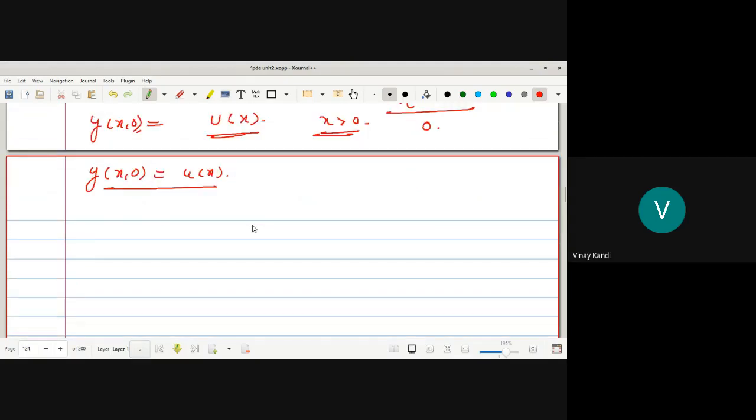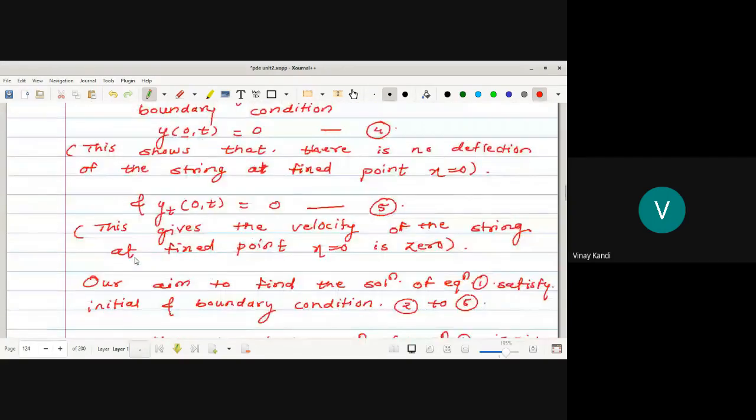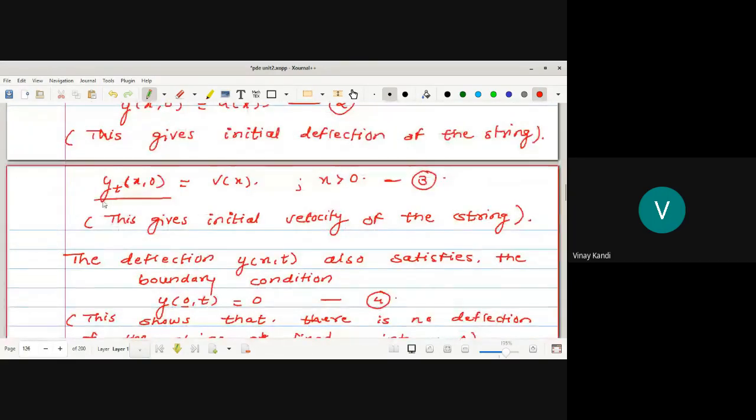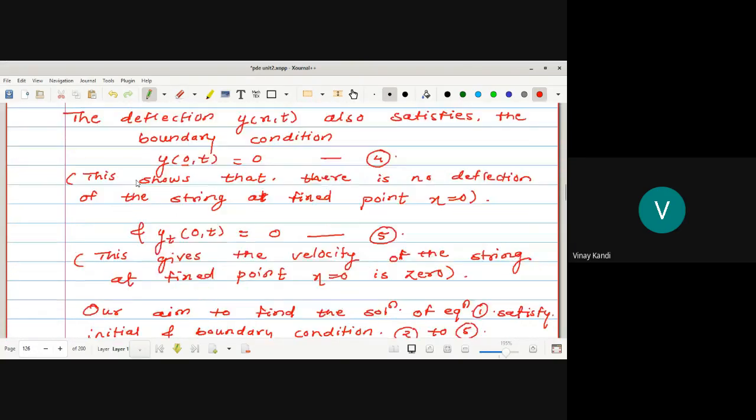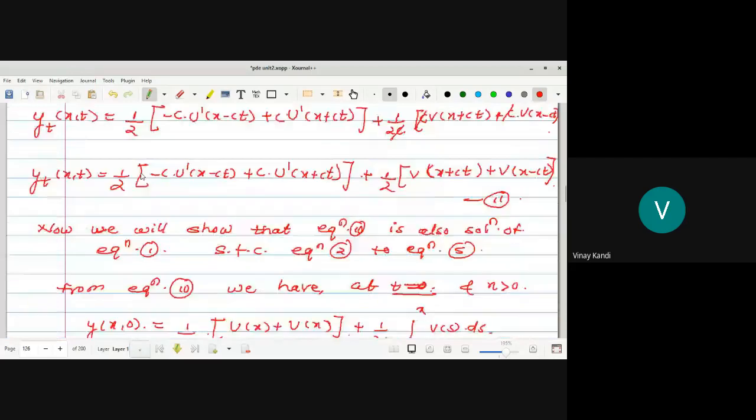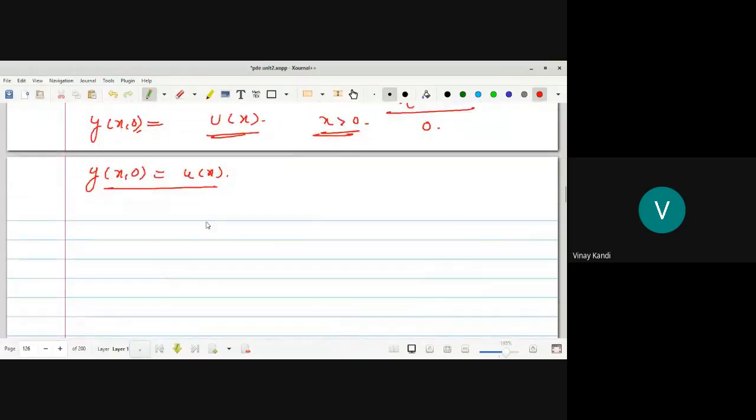Okay, now from equation 11, what is the condition number third? Condition third काय तुमच्याकडे आता, y_t of x,0. Put t is equal to 0 in y_t. Okay, look at here. From equation 11, we have at time t is equal to 0 and x is greater than 0.